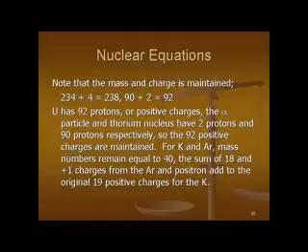It is not. But the 19 positive charges from the protons on potassium have to be conserved on the right side, or the product side, of the equation. So the 18 positive charges from the 18 protons of argon added to the 1 plus charge from the positron equal that 19. If you're wondering what happened to the other proton in potassium, it changed into a neutron. And that's chemistry.